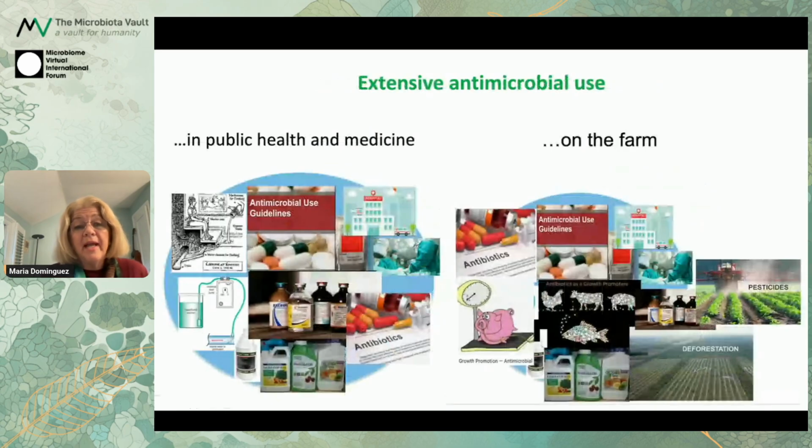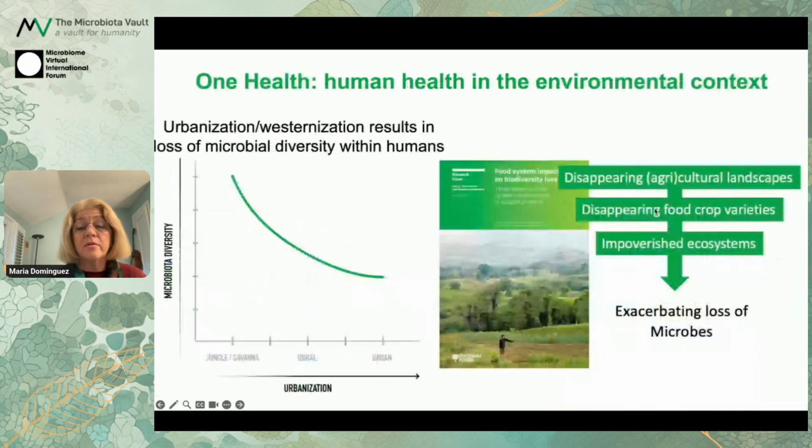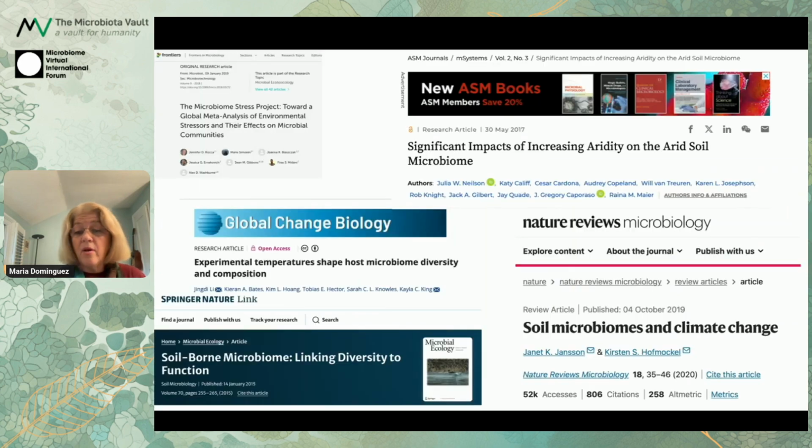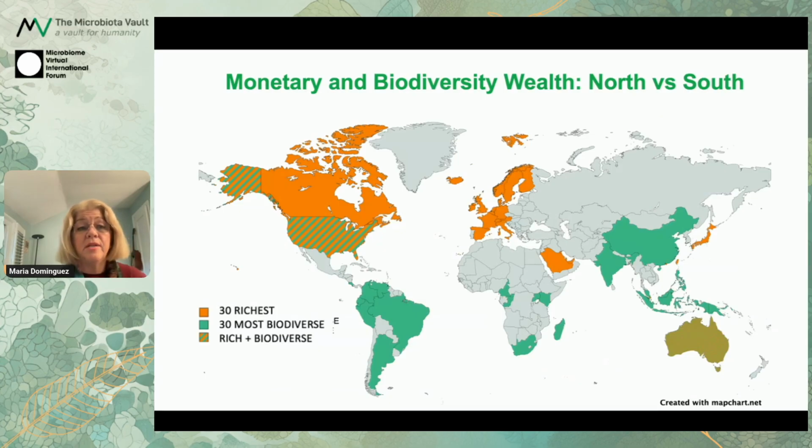Urban life is related to extensive antimicrobial use, not only in medicine but also on the farm, in the way we produce our foods, and to disappearing agricultural landscapes that also make food crop varieties and plant diversity disappear, leading to impoverished ecosystems. There is a lot of evidence in the literature of how soils have been altered in their microbiology, changing their chemical characteristics, and this is also related to climate change.